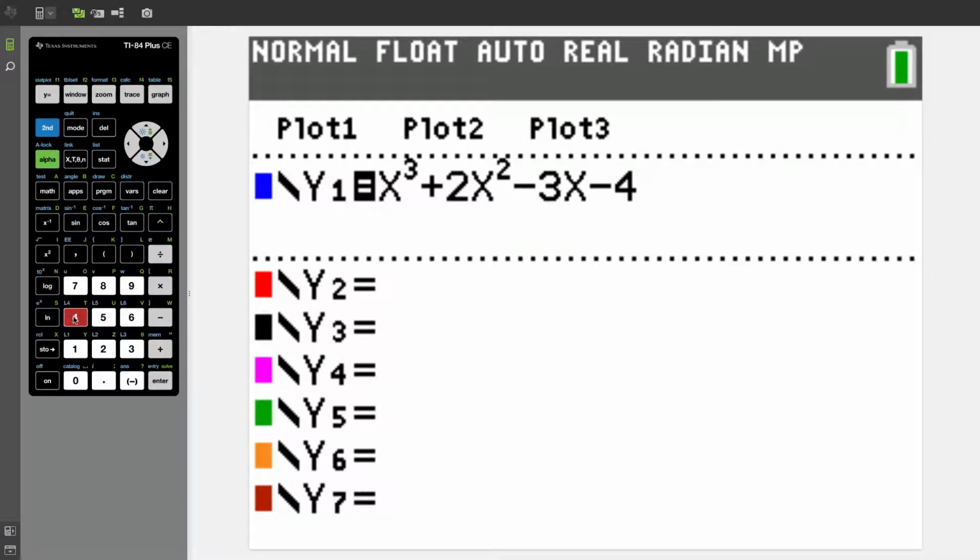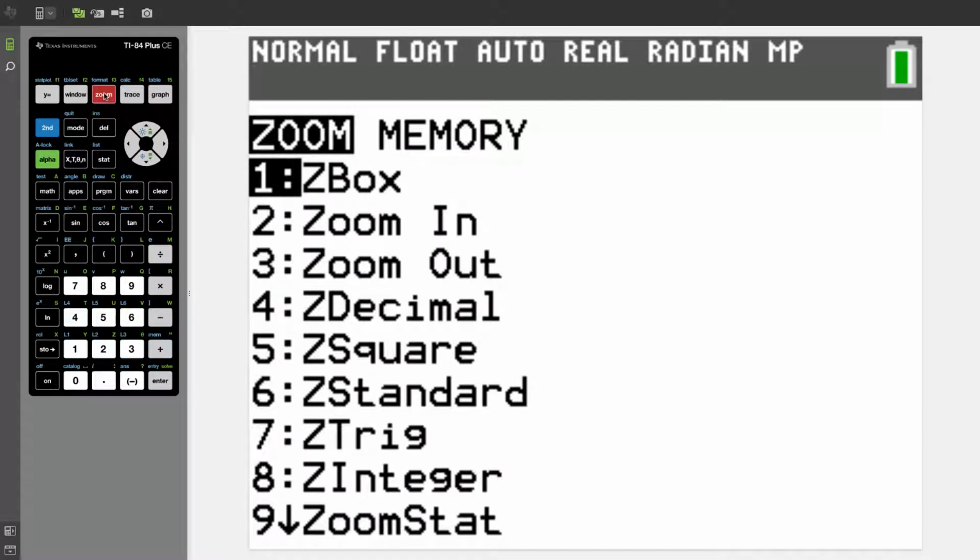Okay, now after you type in a function that you want to graph, listen carefully. Suppose you were using your graphing calculator before and you did a lot of zooming in and out, or you moved your window so you weren't centered. I'm going to show you my favorite zoom so you can put your graph right back at the center. In the middle of your graphing buttons, there's a zoom. Hit zoom.